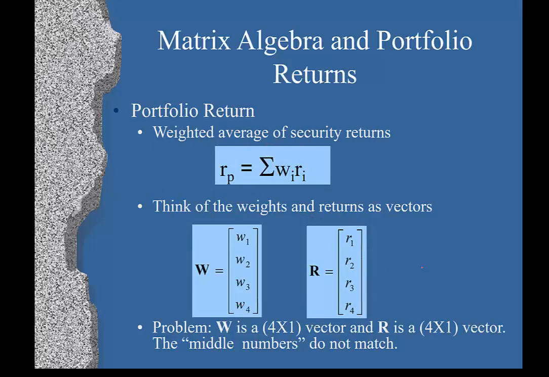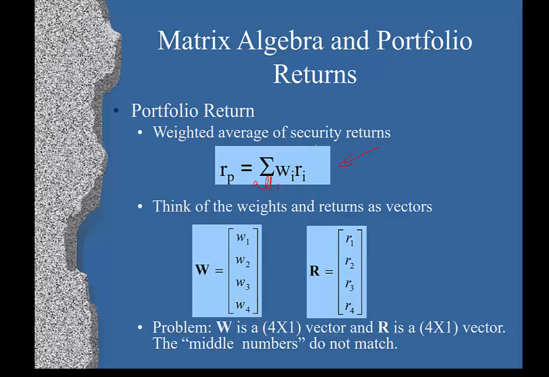So in 3318, and in 12 as well, you discussed the fact that the portfolio return is the weighted average of the returns of the securities in the portfolio. So this should say all i. And if we think of the weights and returns as vectors, we've got one little problem. W is a 4 by 1 vector and R is a 4 by 1 vector.